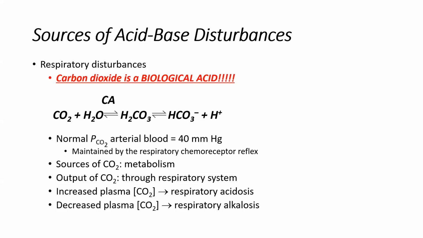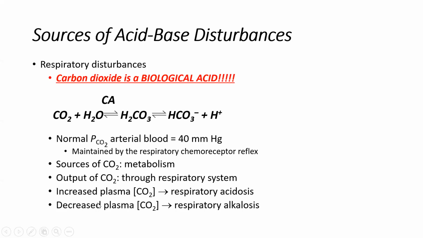So if you have an acid-base disturbance, let's say you have an excess diet that has lots of fats, lots of proteins, and so you have more acid coming into your system, this is going to be a trigger for these respiratory centers, these chemoreceptor reflexes that pick up that excess acidity in your blood, and they are going to trigger the lungs to increase your ventilation to blow some of that CO2 off. So whereas the lungs can create acid-base disturbances, the lungs can also work to correct acid-base disturbances as well.